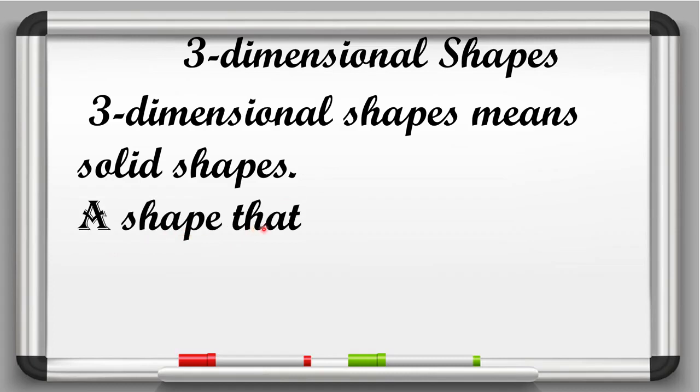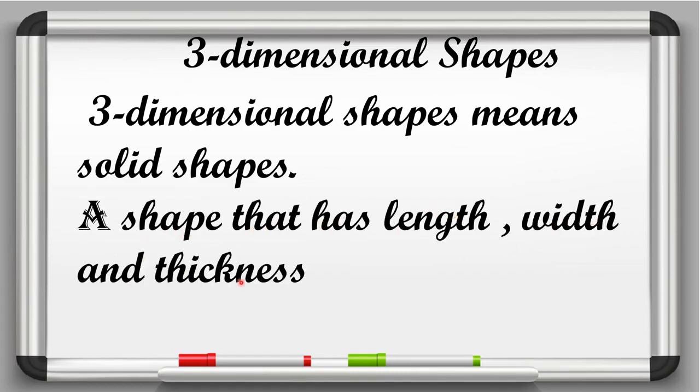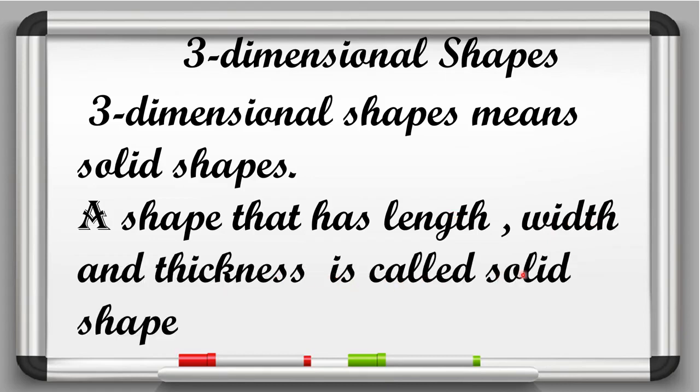A shape that has length, width and thickness is called a solid shape. Such shapes, beta, that have length, meaning lambai, width, meaning chaudai, and thickness, meaning motai. These three things are there. Those shapes are called solid shapes. Or in other words we can say that a shape that has length, breadth and height is called a solid shape. Understood beta?